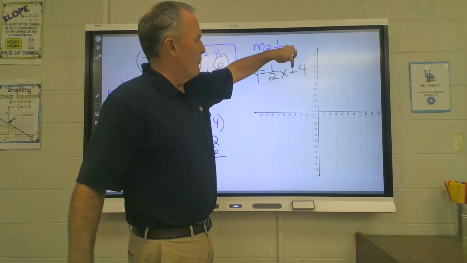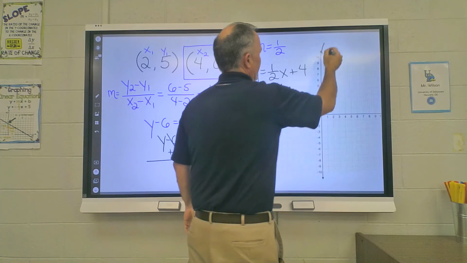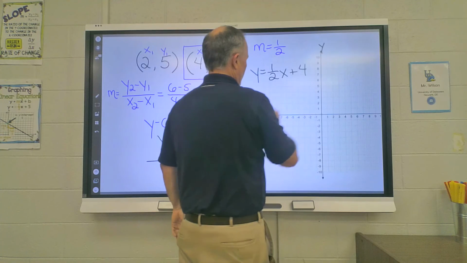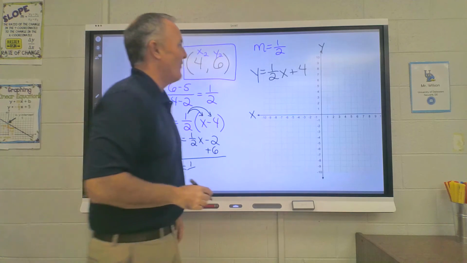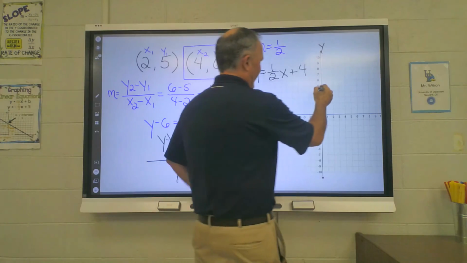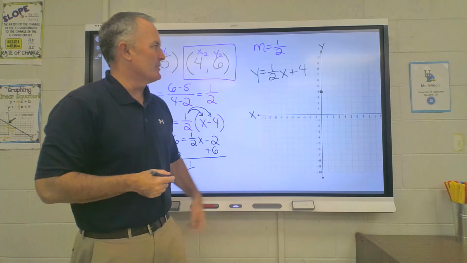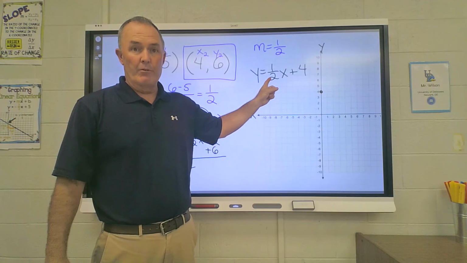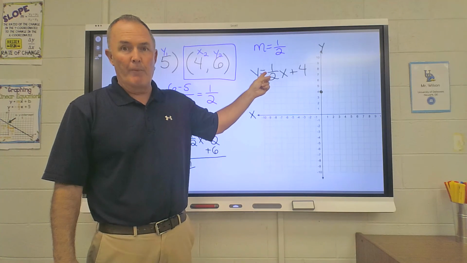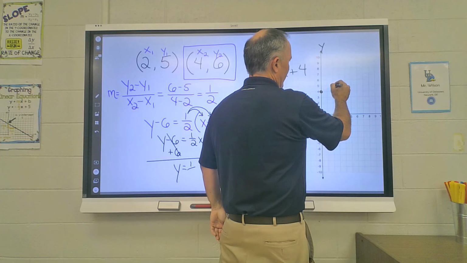So my starting point would be plus 4 on my y-axis. Here's my y-axis. There's my x-axis. So plus 4 would be right here, my y-intercept when it comes to slope-intercept form. I can use the slope to find my next point. I'm going to go up 1 over 2. Up 1 over 2 is right there.